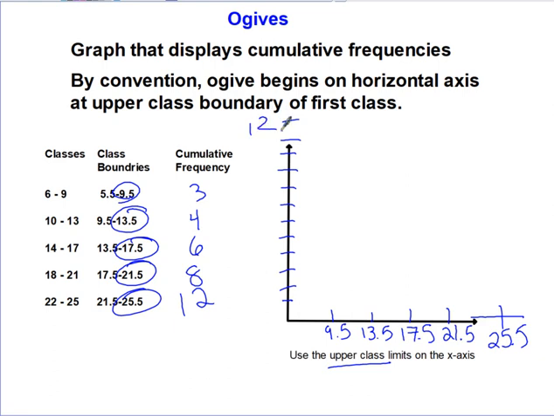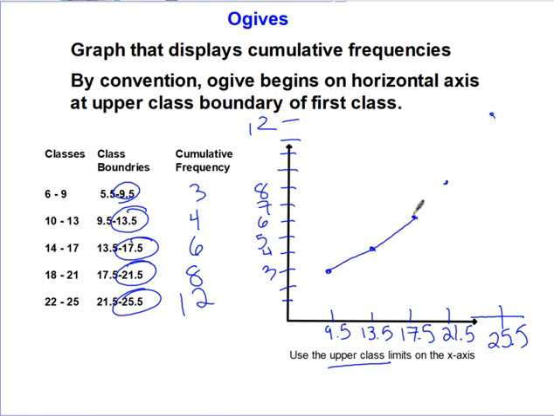My first point, or first dot, just like before, is going to go at 3, above that 9.5. It's going to rise up to 4 in the next class, up to 6, then up to 8, and on my last one, I'm going to go all the way up to 12.